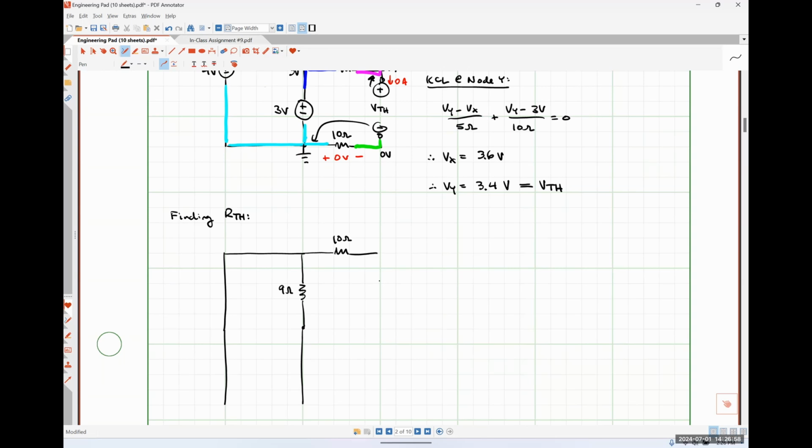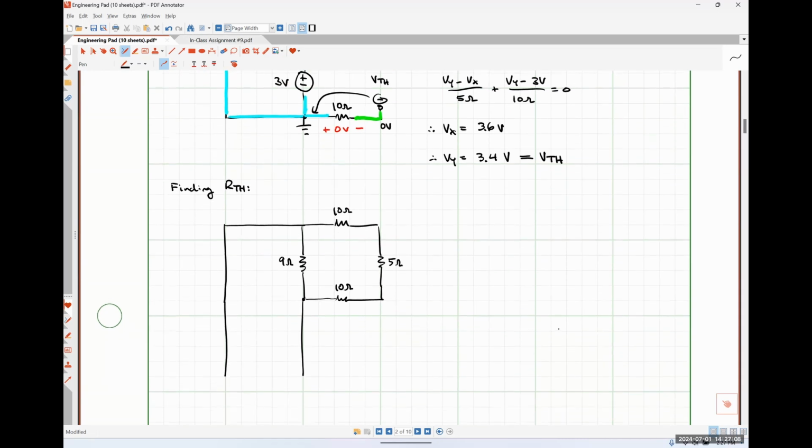Here's a 10 ohm resistor, a 5 ohm resistor, a 10 ohm resistor, another 10 ohm resistor, and then here are the terminals that are left behind when I took my 1 ohm resistor out. Okay.